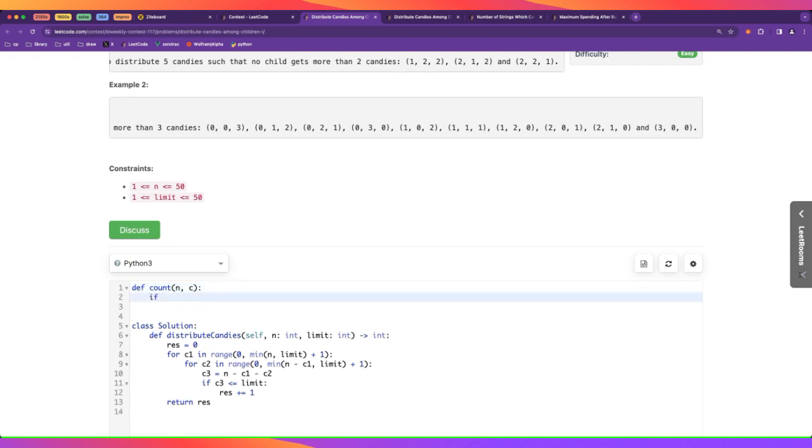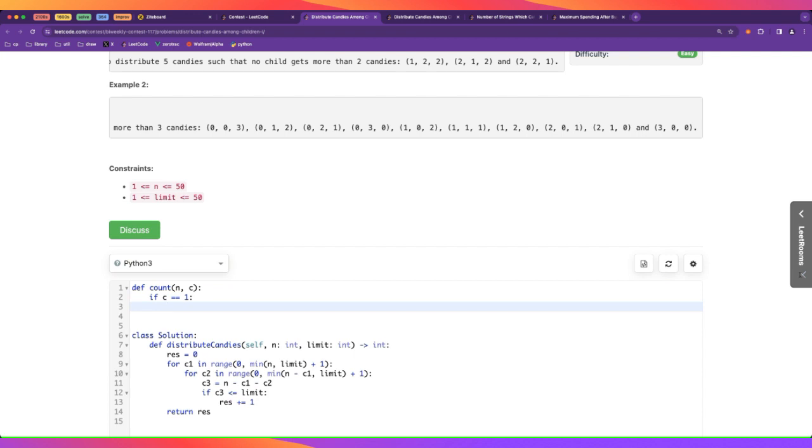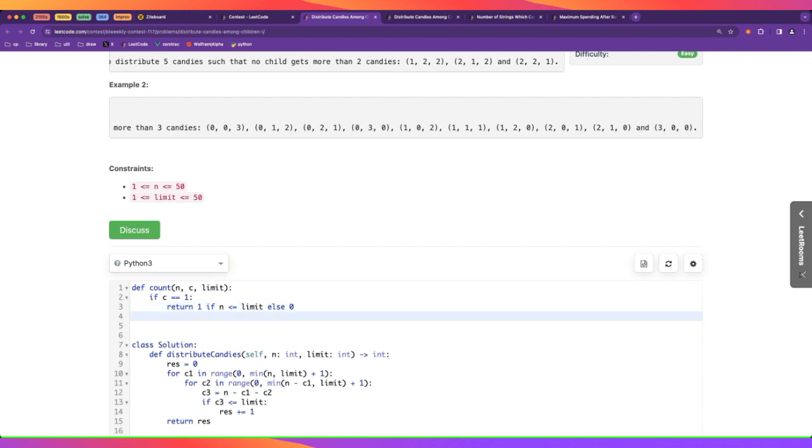And so if there's only one child, then we have to give him all of them. But we also want the limit. So if we give n of them, but only if the amount remaining is less than or equal to the limit, we have found one solution, one way to distribute the candy. Otherwise, this is not a valid way.